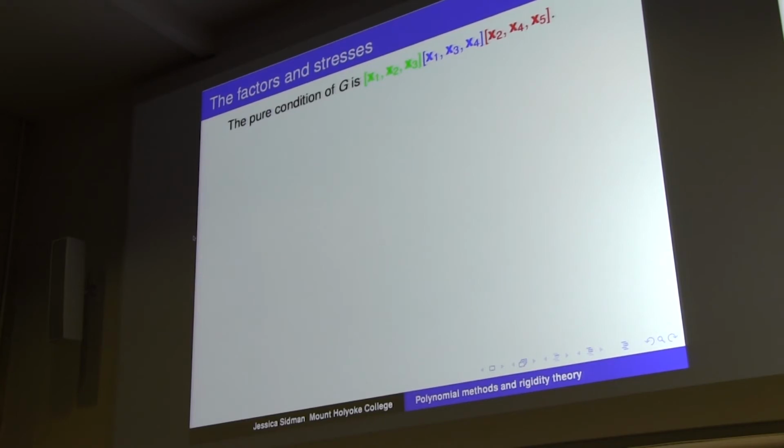So I want to talk about factors and stresses now. Well, what is a stress anyway? Here we have my pure condition, and let's first focus on the first factor. Really, it's a 3 by 3 determinant of 3 points. What's the geometric interpretation of a 3 by 3 determinant vanishing? Those 3 points are collinear, right?